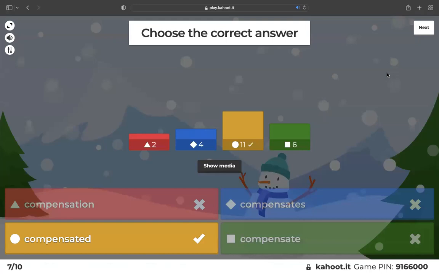And the answer is the yellow one. Why is that? Firstly, you can see that she cannot pay herself, so someone should pay her, right? And for the structure, it has the modal verb would followed by be. Of course, this is the passive voice, so the only one is the past participle form, compensated. So the correct answer is the yellow one.